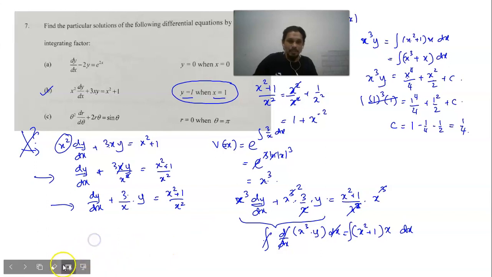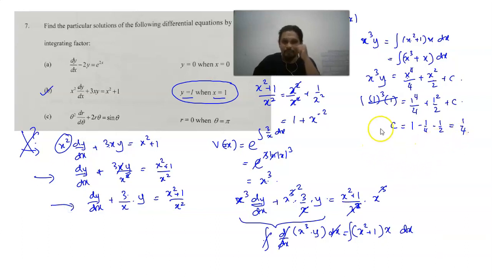So now, when c is 1 over 4, refer back to this one here: x cubed y equals x to the power of 4 over 4 plus x squared over 2 plus 1 over 4.